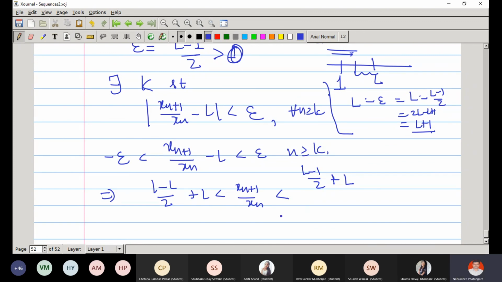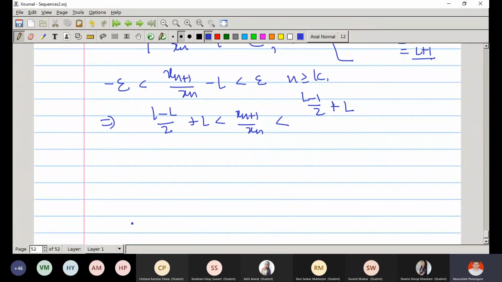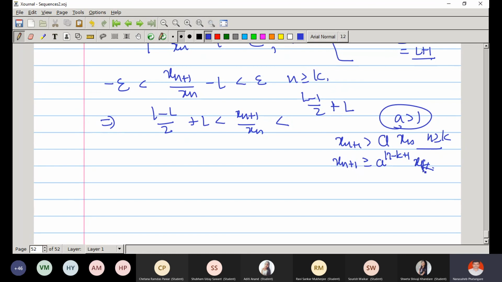I think our time is over. You just work out these calculations like the previous one and see what happens. Then you will come across a situation like xn plus 1 is greater than some number a times xn, and this a is greater than 1 for n greater than or equal to k, and we'll come to the situation like for n greater than or equal to k, xn is greater than a raised to n minus k plus 1 into xk, similar to the previous one, right?